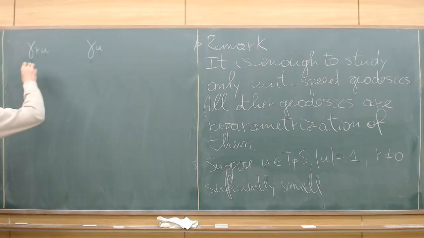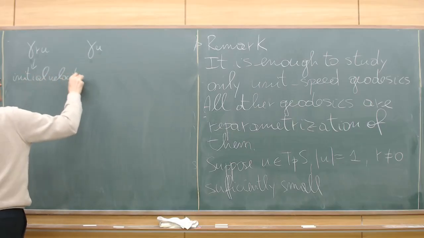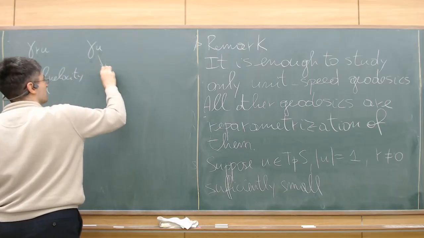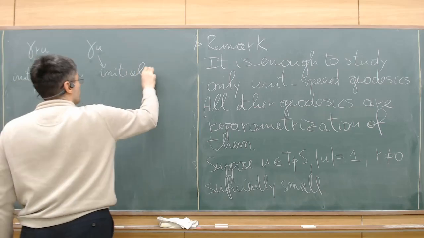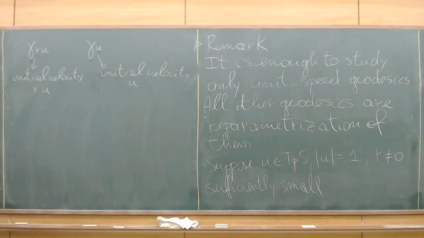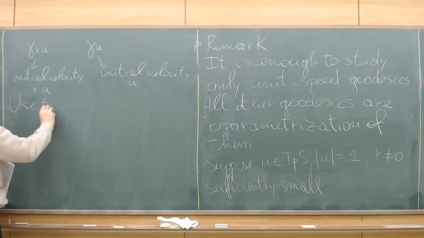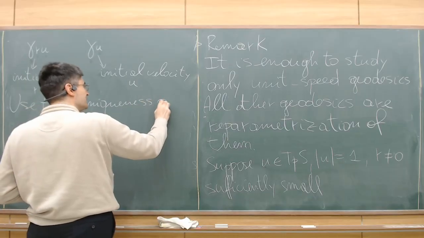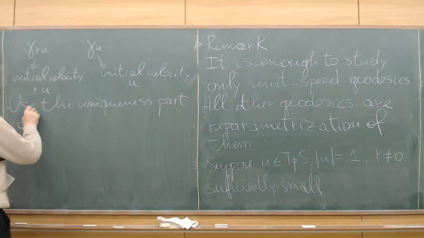So this has initial velocity Ru, and this has initial velocity U. We want to use the uniqueness part of a previous proposition.